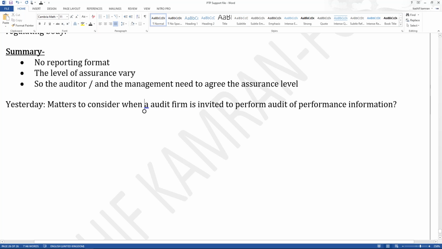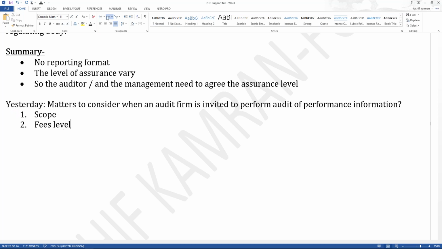Matters to consider when an audit firm is invited to a tender. Apart from considering the scope as a matter to consider when invited to tender for performance information, your fees level, your deadlines, you would also consider the assurance level.